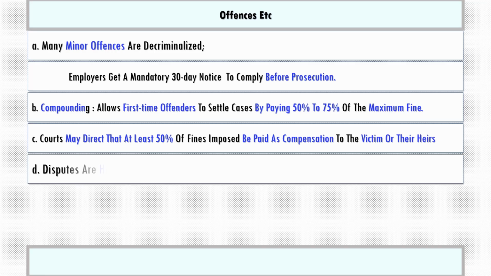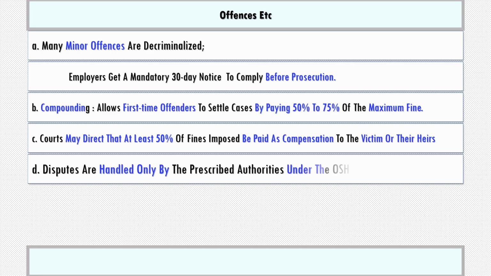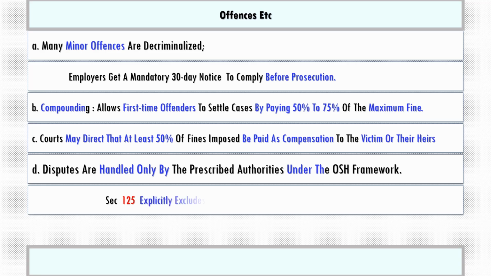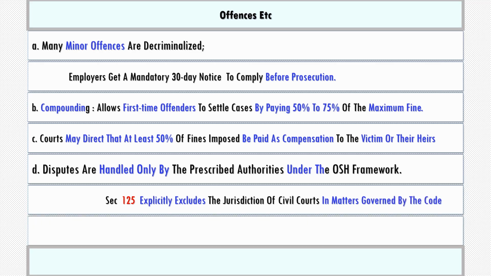Further, disputes under the code are handled only by the prescribed authorities under the OSH framework, and the code explicitly excludes the jurisdiction of civil courts in matters governed by the code.